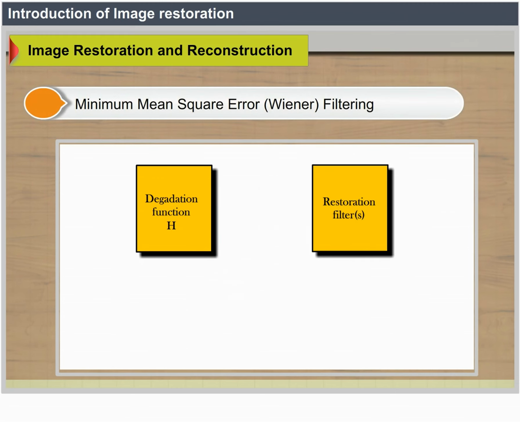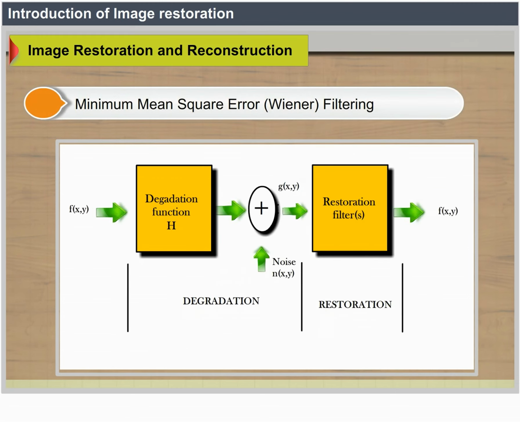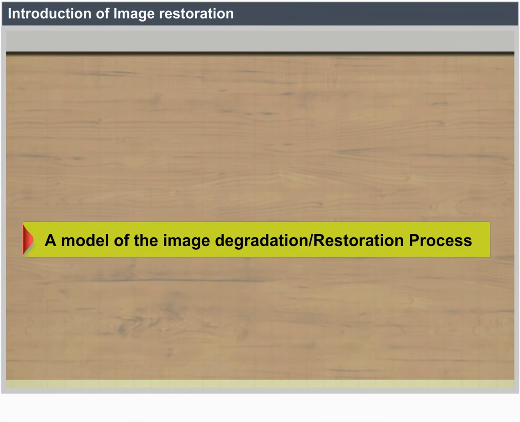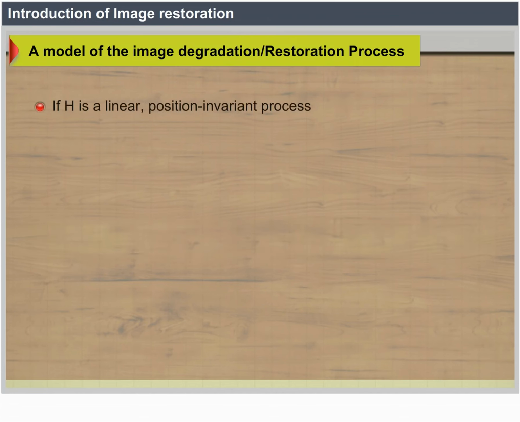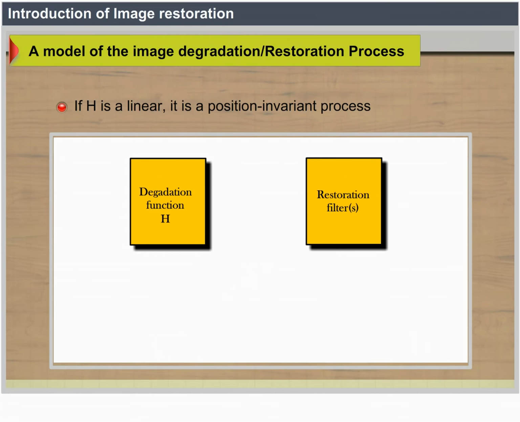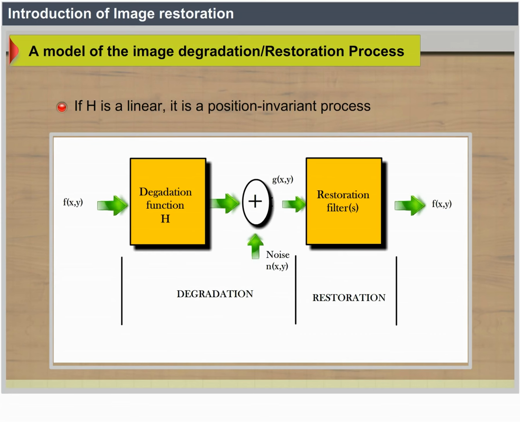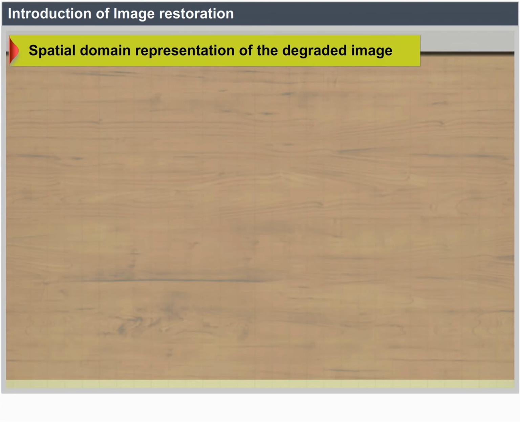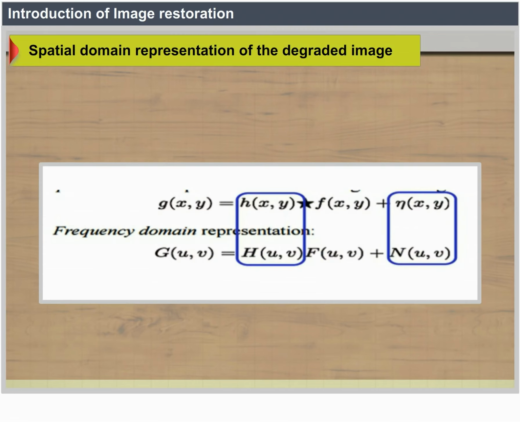Minimum mean square error, Wiener filtering. Geometric mean filter. A model of the image degradation and restoration process: if H is a linear position invariant process, the spatial domain representation of the degraded image is represented on the screen.